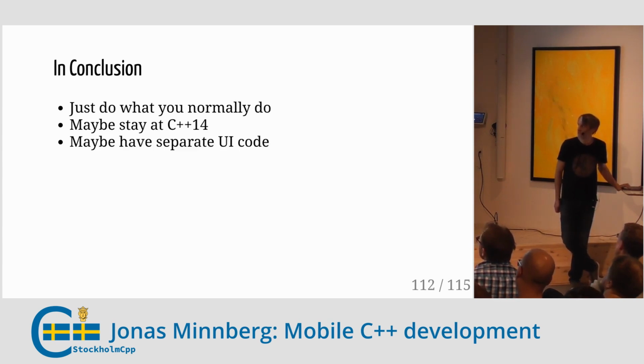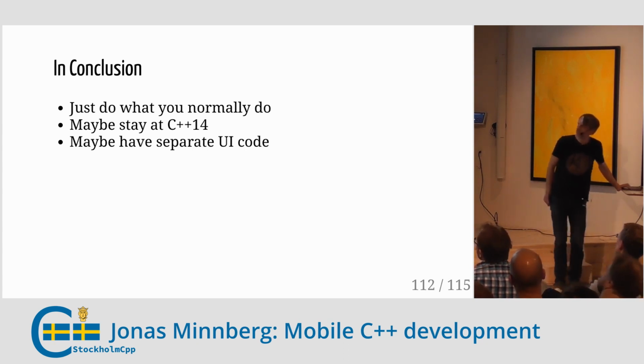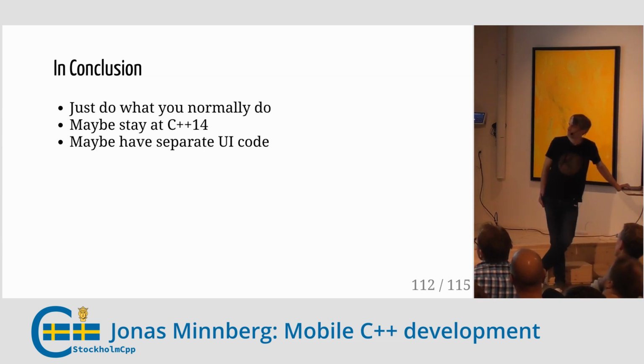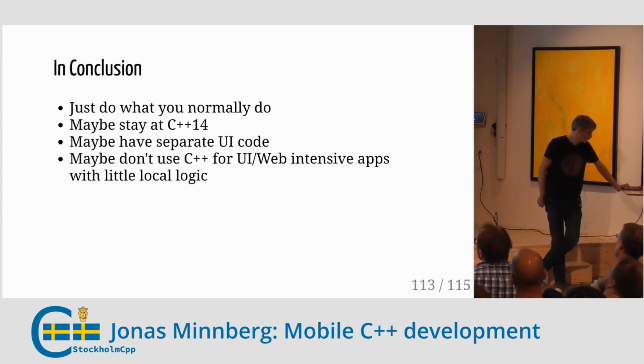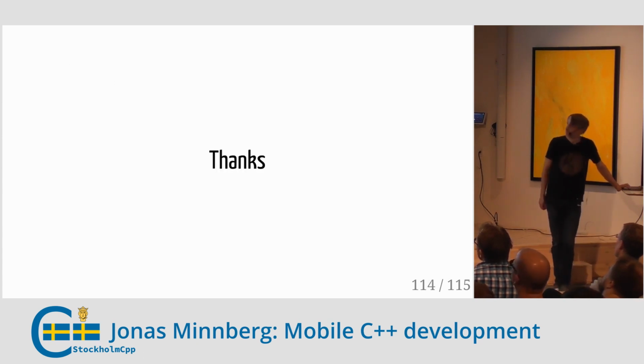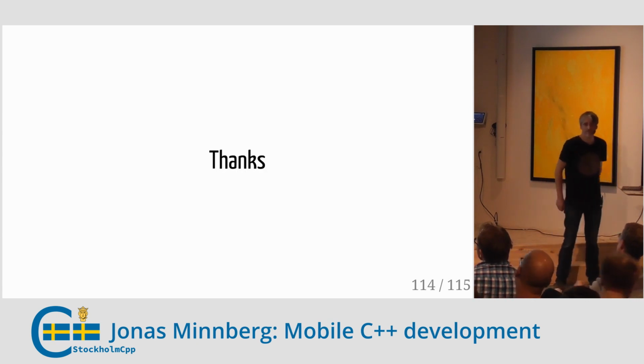Maybe have separate UI code, if you have an application with lots of UI, or it's tricky to have a cross-platform UI and C++ code in the same app. And maybe you don't use C++ at all if you have only UI with little local logic, but yeah. Thanks, that was it.